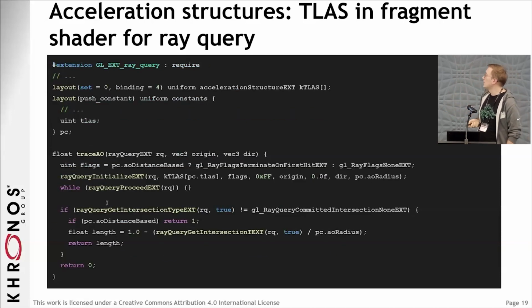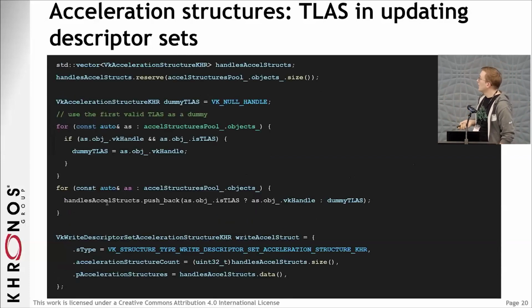Example from a fragment shader, in which we use the ray query extension. The same way, we again pass an array of TLAS, and actually the thing is that fragment shaders in this situation, similar to RayGen shaders and other shaders, make it easy for us to pass these TLAS into shaders.